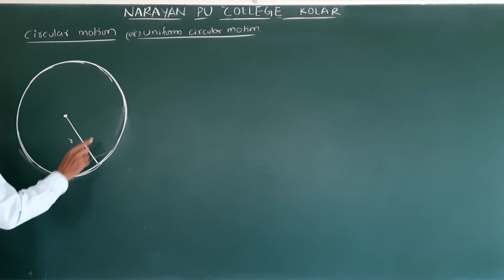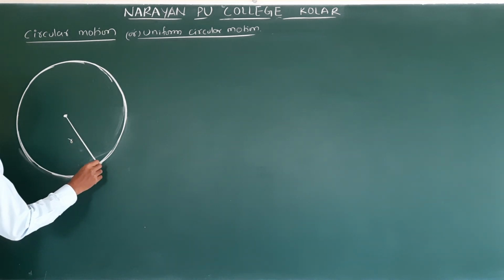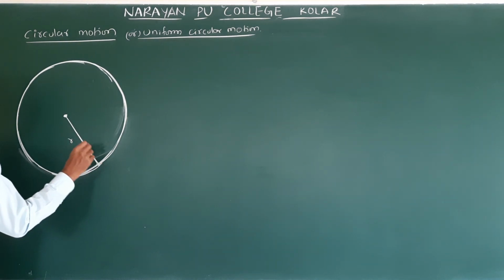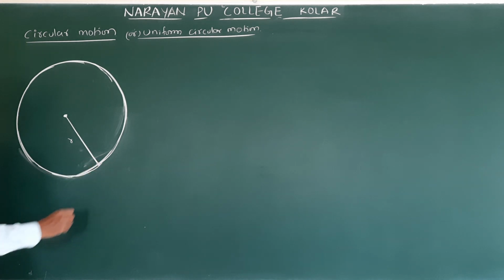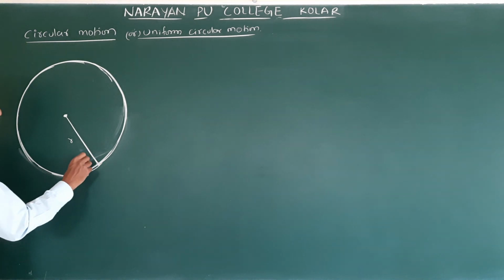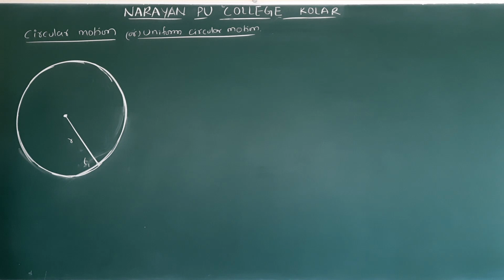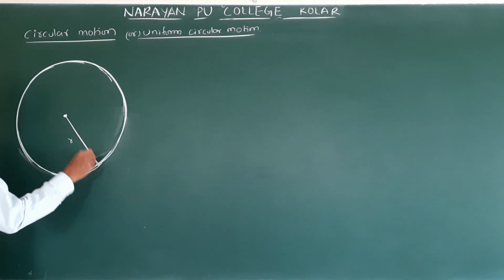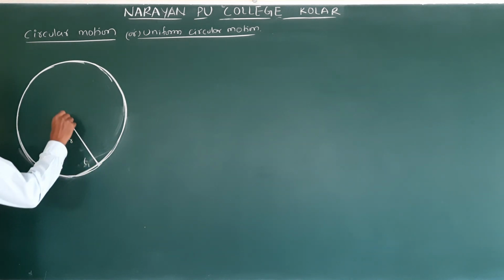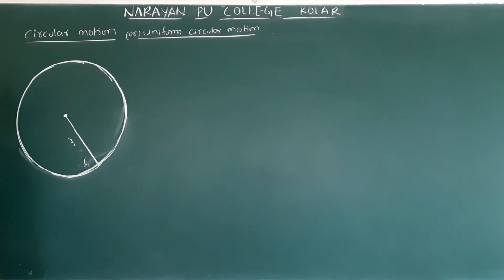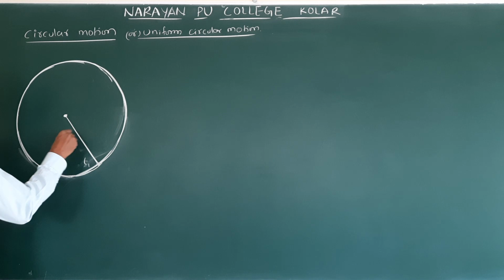Now it is moving. At time t1, the position of the object is at a certain point, let us say at t1. Now this is the position vector of the object from the center. I am taking it as r1. So this is the position vector.